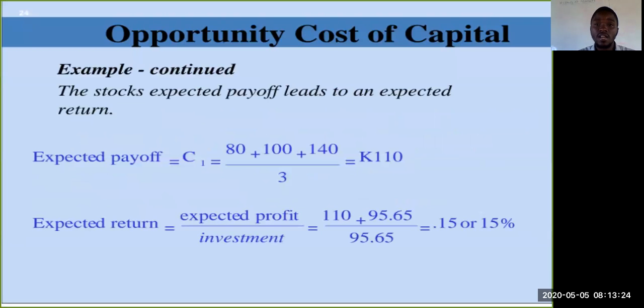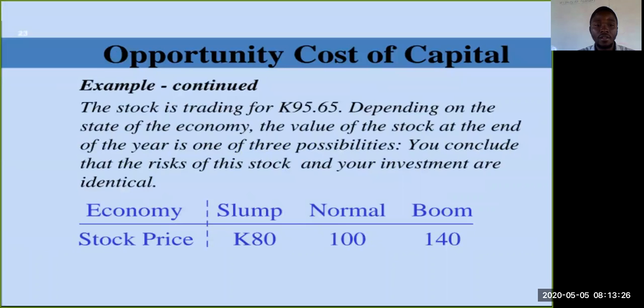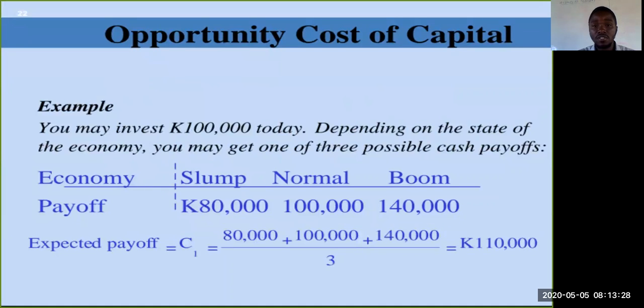So in this example, we are comparing the payoffs that we can have, whether we invest in our project today or in the stock market. These were the payoffs we would have received if we invested in a project, which gave us the expected return of 110.